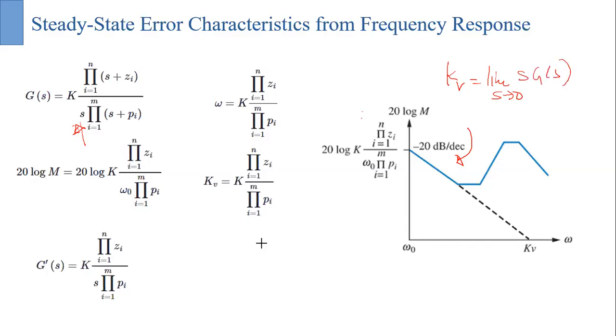Okay, so same thing. Basically, what we are going to get is K. Then you have product of i equal to 1 to n zi, product of i equal to 1 to m pi. Okay, so this is our kV we already calculated.